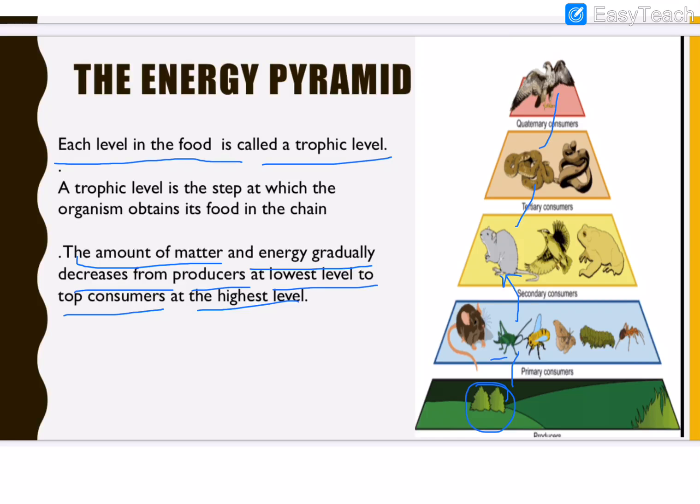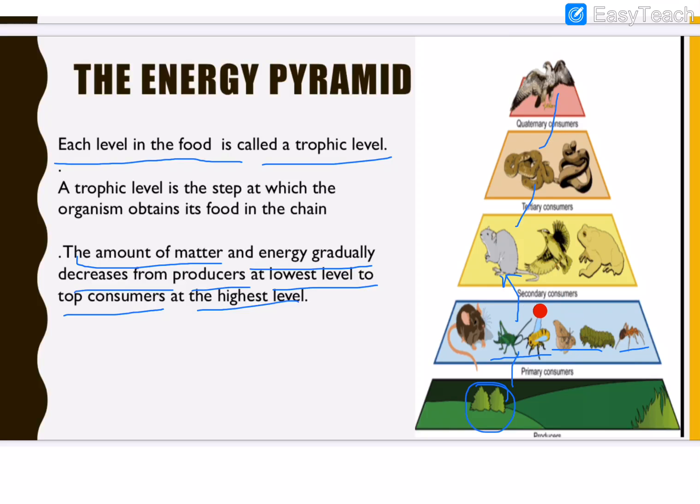So the primary consumers like grasshopper, flies, butterflies, caterpillars and insects get the maximum amount of energy because they directly consume the producers. Producers means those which make food by their own, like plants. So the energy decreases as it goes to the apex level or top level.